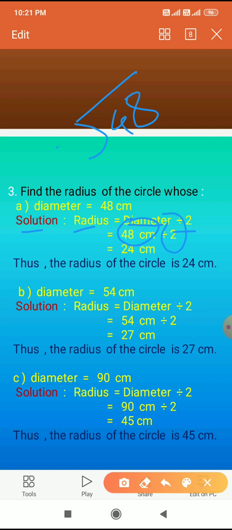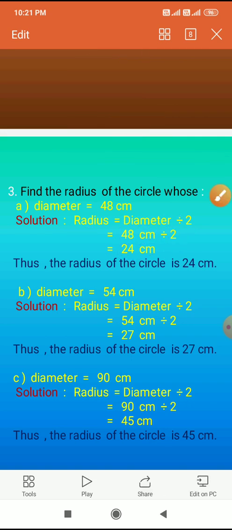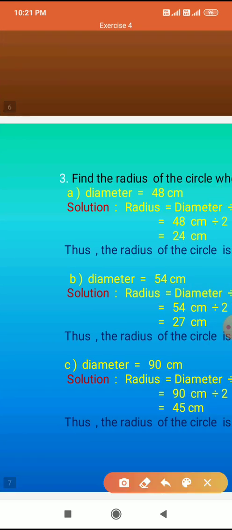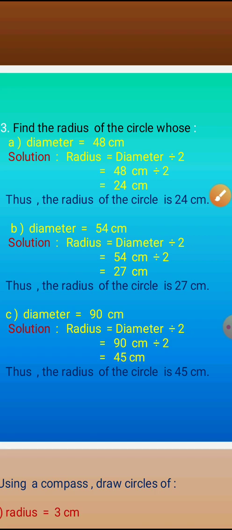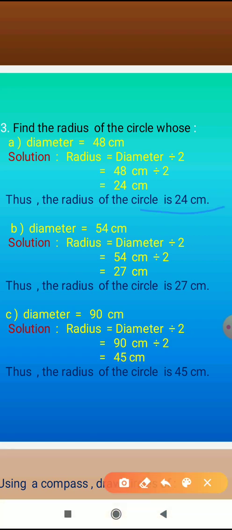First we divide 4 by 2, 2 fours are 8. Then 8 divided by 2 is 4. So we get the answer 24 centimeter. So the radius of the circle is 24 centimeter whose diameter is 48 centimeter.